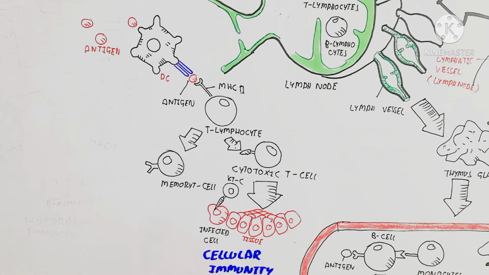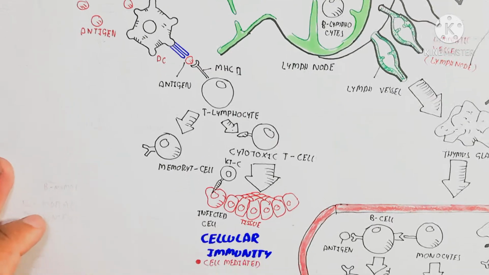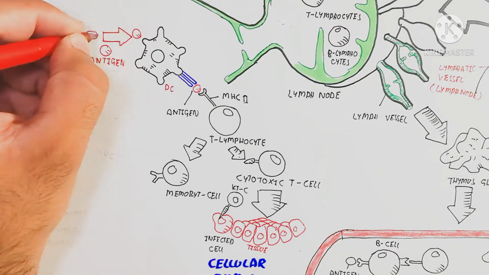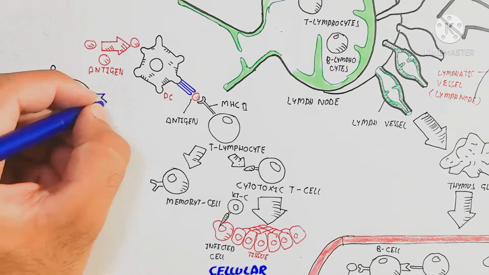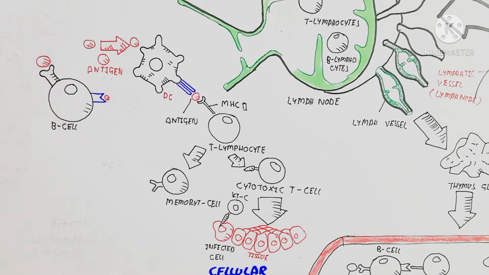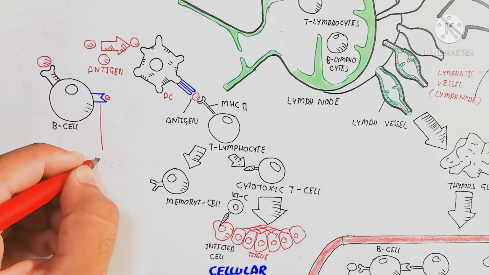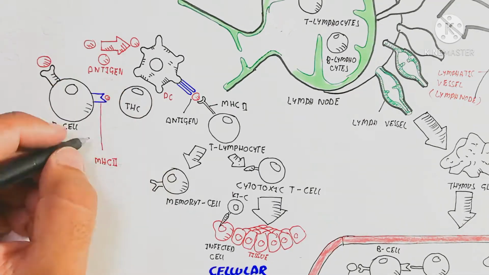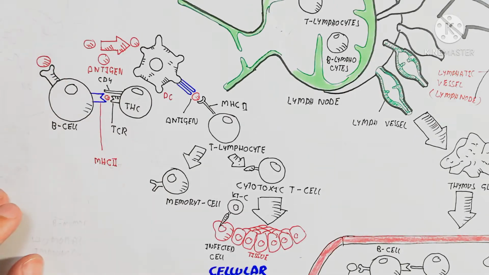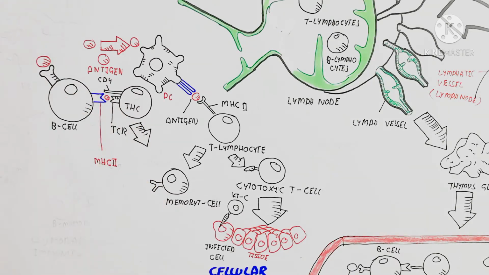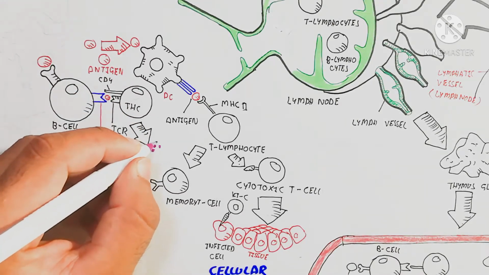But on the other hand, another part is known as humoral immunity. The humoral immunity does not directly attack the infection site, but it produces the antibody. Here is the B cell, which is activated by the T helper cell. That T cell contains the T cell receptor and CD4, and produces cytokines.